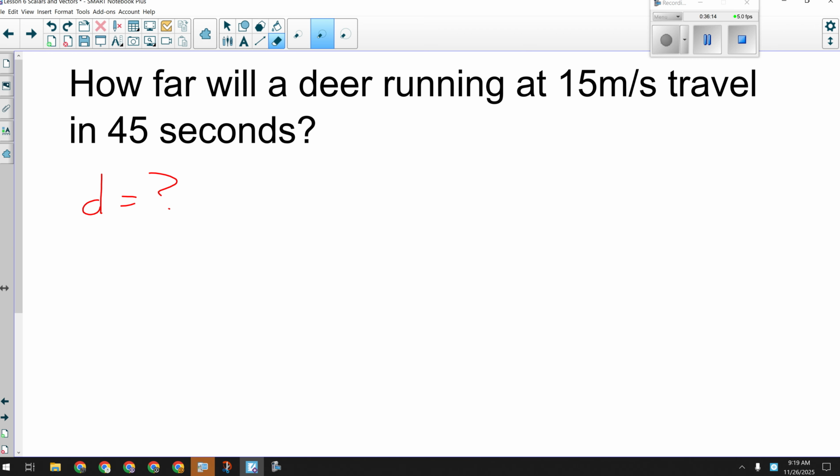Speed measures how quickly you change your distance, right? That's how many meters every second, or how many kilometers every hour, okay? Or how many centimeters every year, if we're talking about how fast a glacier moves, right? It all depends on what units are appropriate, but it's always going to be a distance measurement over a time measurement, because that's the formula, right? V equals D over T. All right, so they're giving us the speed, in this case, because there's no vector, 15 meters per second, okay?